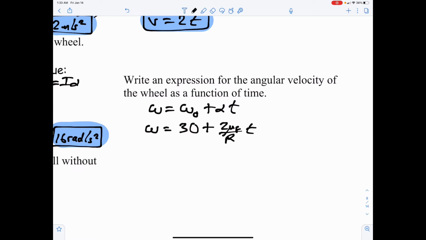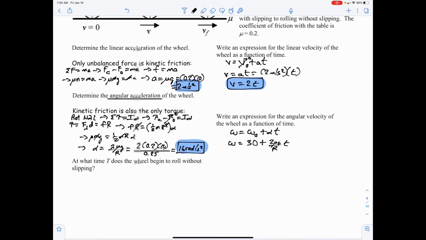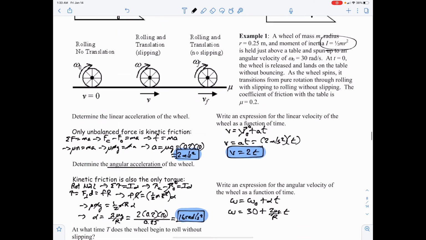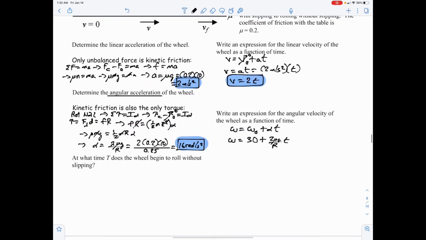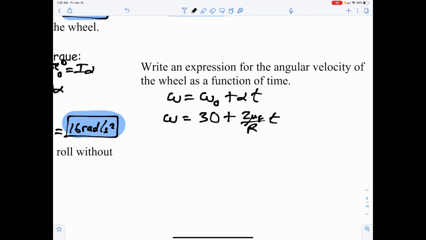Okay, now, because the wheel as it's rolling is going to be slowing down slightly as it rolls, that's going to be negative alpha right there.